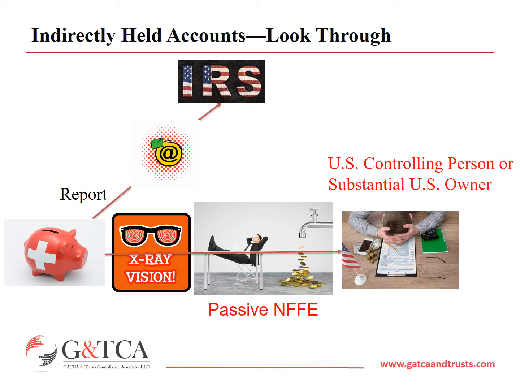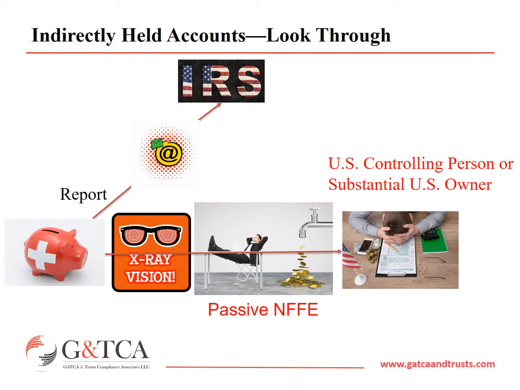If a US taxpayer creates a structure that's a passive NFFE, we've already seen that passive NFFEs must disclose to the financial institutions where their accounts are held the US persons that own or control them.